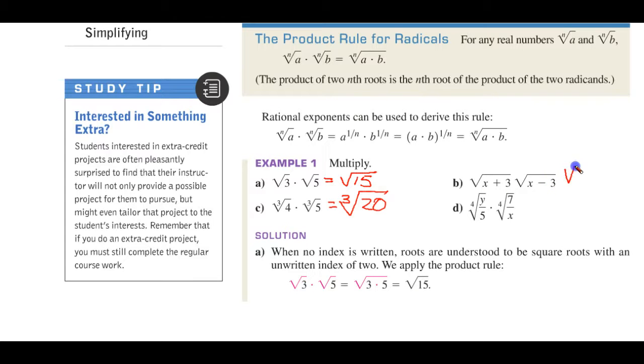These are conjugates, so we're going to get the square root of x squared minus 9. And here the index numbers are the same, so we just put it in fraction form, 7y over 5x.